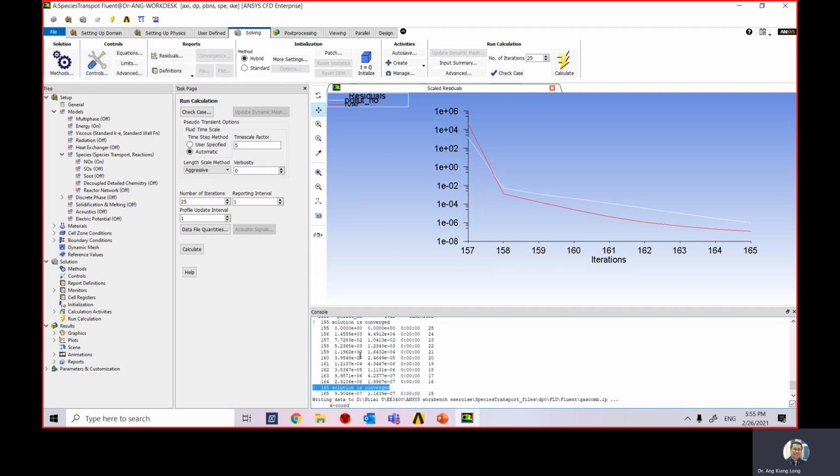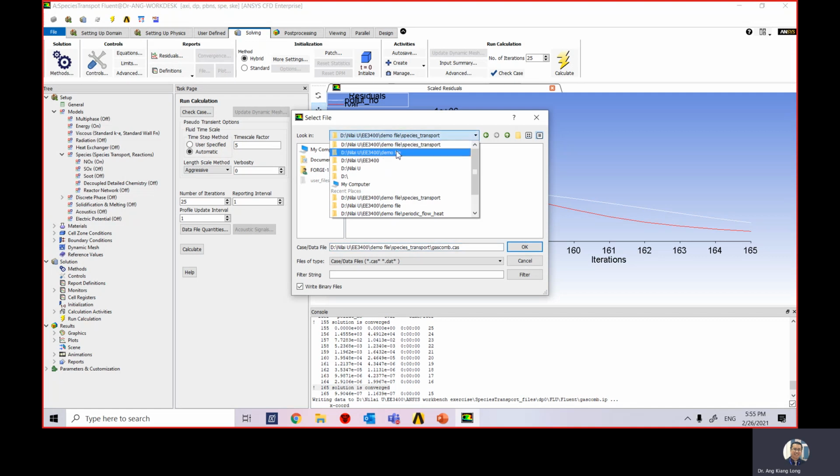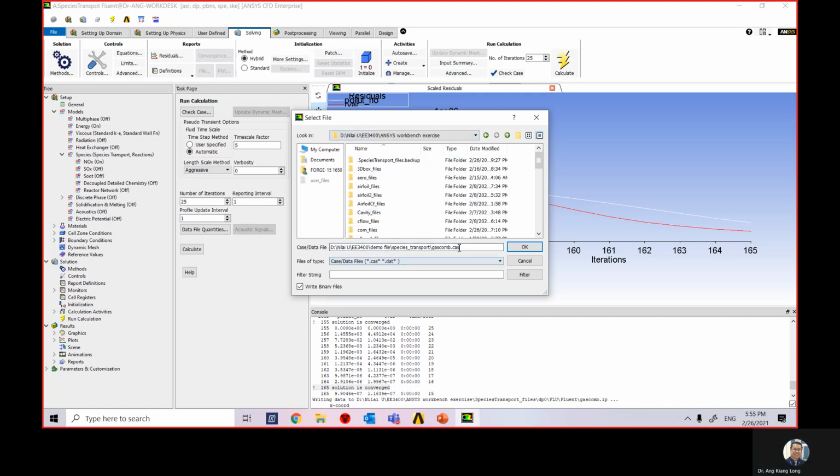Okay, once we run the iteration, we have the result already. I will export my case and data to my folder. We're going to rename this data to gas combustion number 2.cas.gz. Again, .gz is to zip the file.